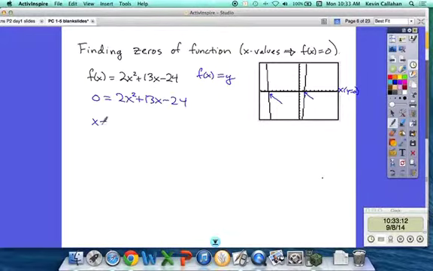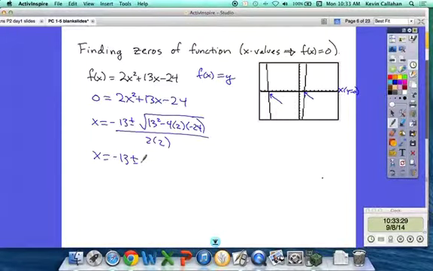X equals negative 13 plus or minus the square root of 13 squared minus 4 times 2 times negative 24, all over 2 times 2. X equals negative 13 plus or minus. Okay, this negative times negative is going to make that a positive.